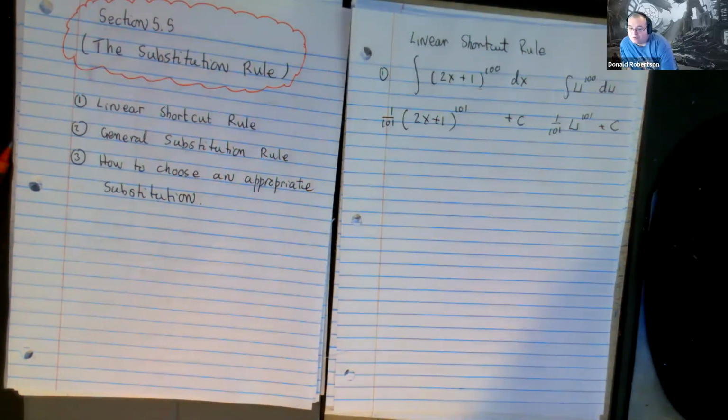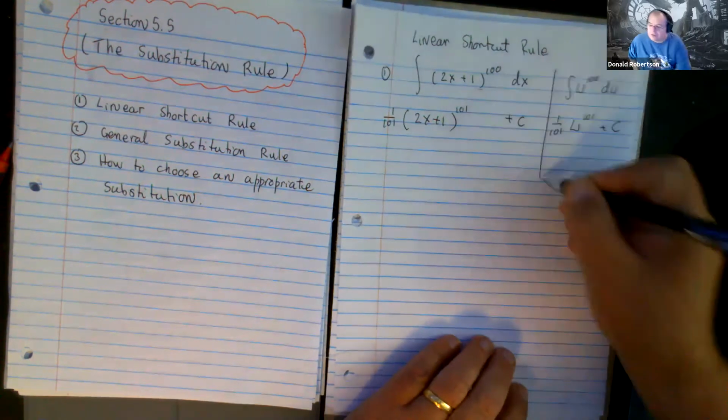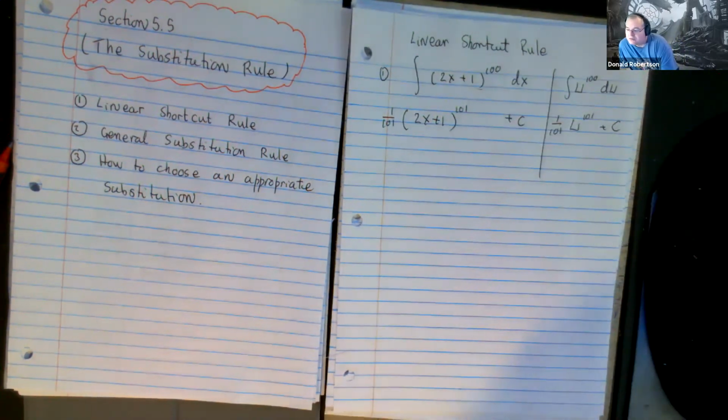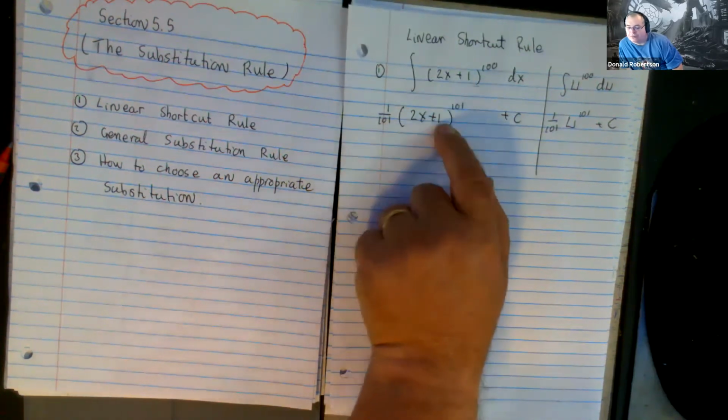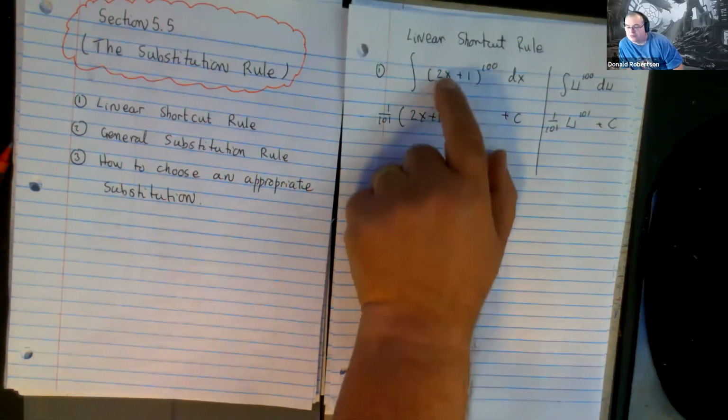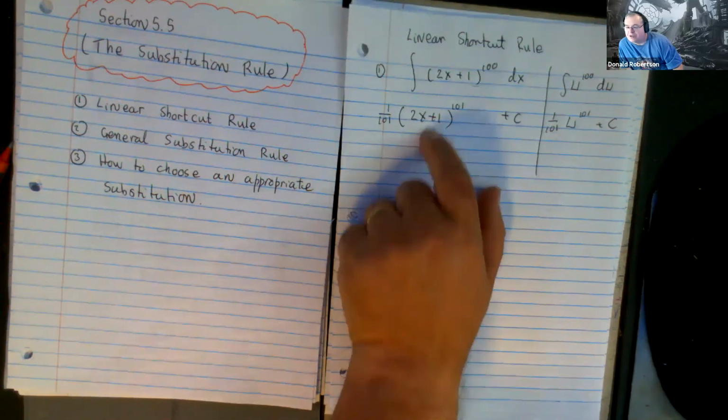Are you happy with what I just did there? It's a bit of magic, right? You just do it because I tell you it works. Now, one extra thing has to be done to finish this question off. You don't just say, okay, I'll pretend that's x and just do what I would have done if it was x, because that's essentially what I'm saying. Pretend that's just x and do the power rule.